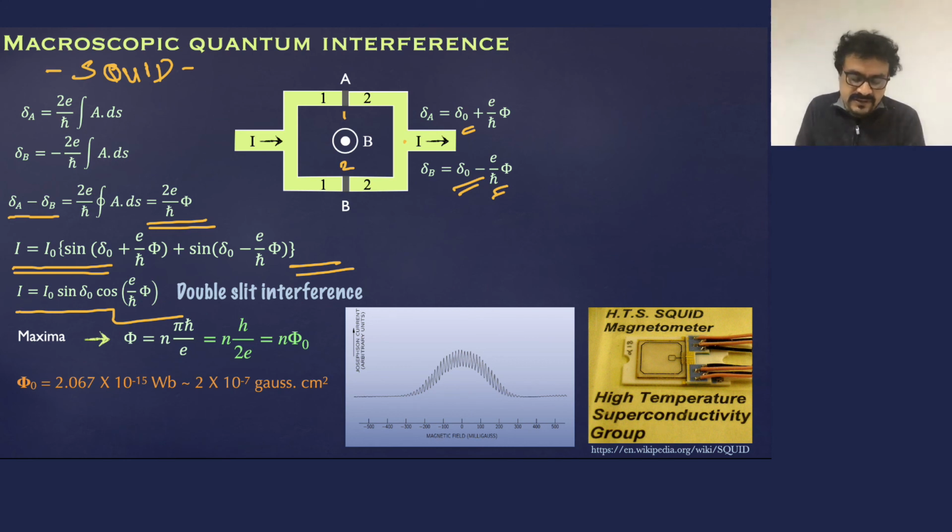If you plot this, you get a profile which looks something like this, with very fast oscillation.